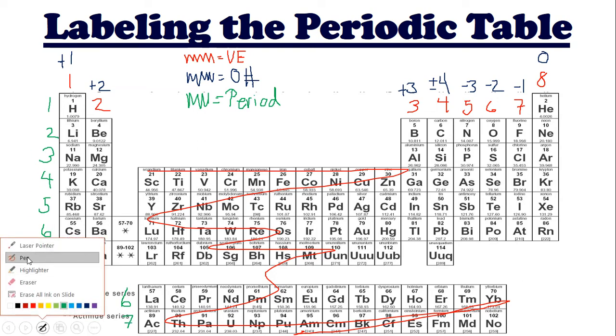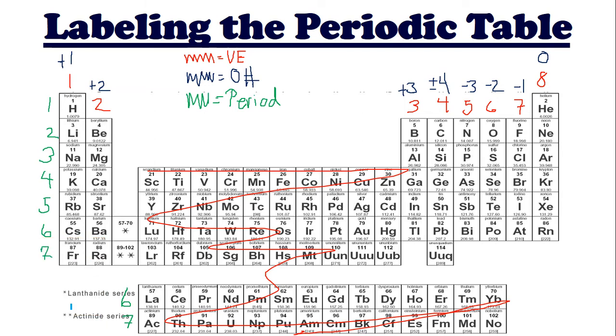All right. I'm going to get the highlighter real quick, and I'm going to highlight with this color. So I want everyone to look at sulfur. Sulfur is right here. What period is sulfur in?